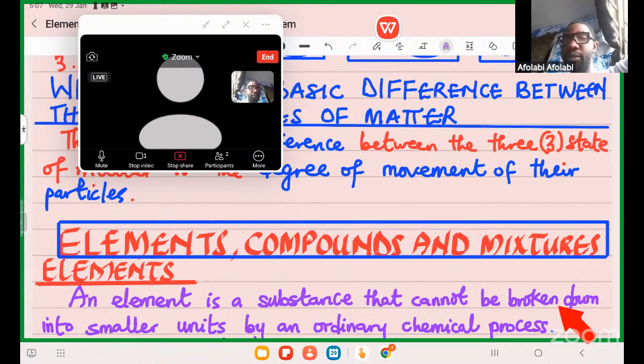Those chemical processes, what kind of chemical process can break an element? Is there a special type of process that can break an element?